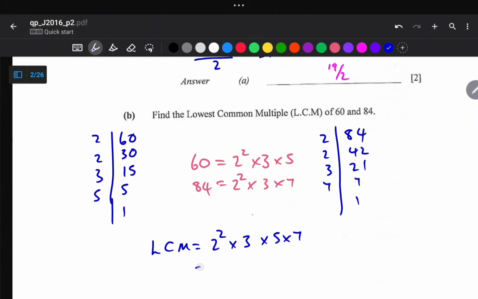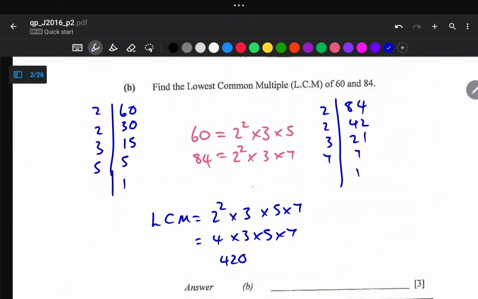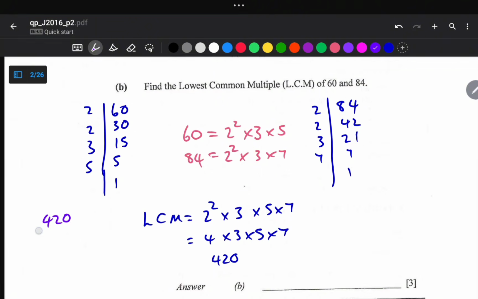So 2 squared gives us 4, and then multiplied by 3 multiplied by 5 multiplied by 7. If we multiply 4 by 3 by 5 by 7, this gives us 420. If we divide 420 by 60, we want to prove that 420 is the lowest common multiple.